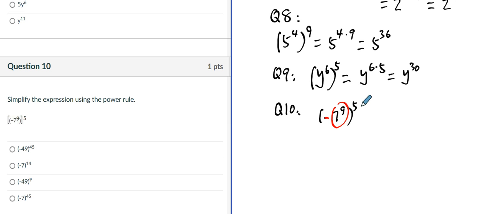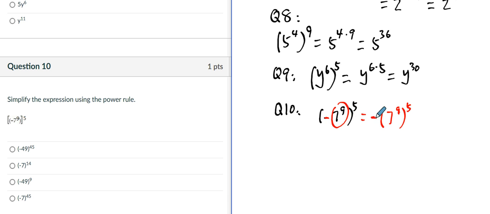So you know, a negative number to the 5th power is still negative, because you have 5 negatives. All right, and then you will see that's 7 to the 9th power, and then to the 5th. Again, negative this number, and then together to the 5th is 5 negatives.